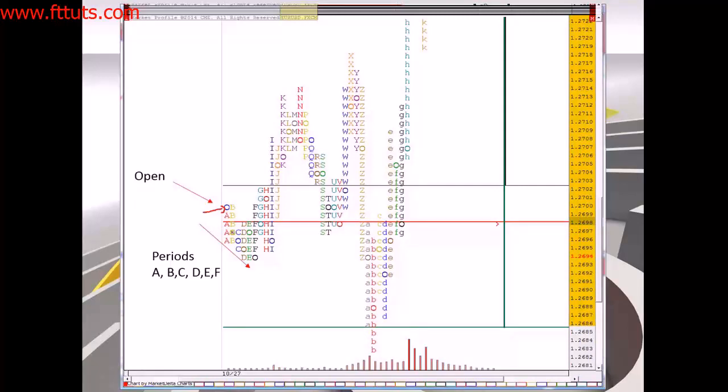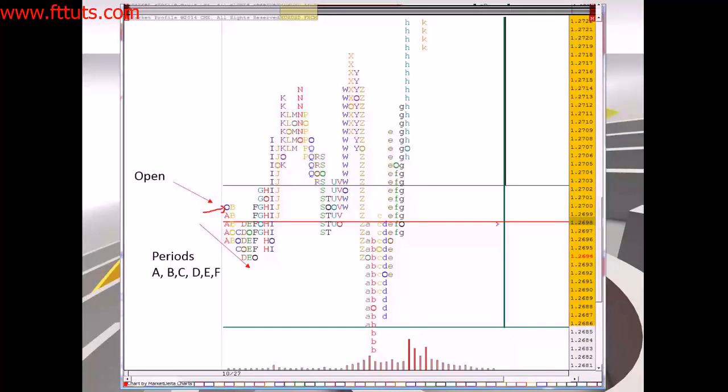Now, C period comes along, and what happens? It opens, so we were down here towards the end of the first hour, opens here, and then goes 1 below, 1 above. So we continue to trade there for half an hour within those 3 pips. That's about it. And then period D opens lower yet, and then it begins to trade 1, 2, 3, 4, all the way back up here.